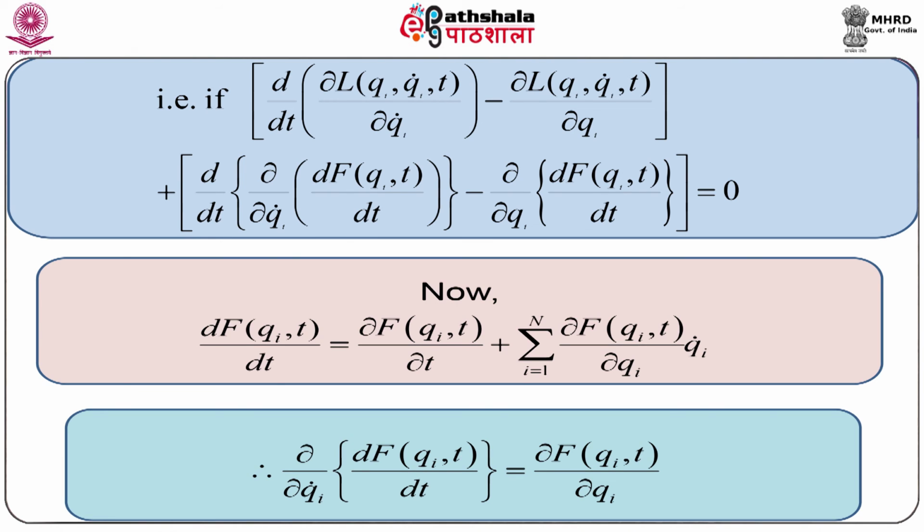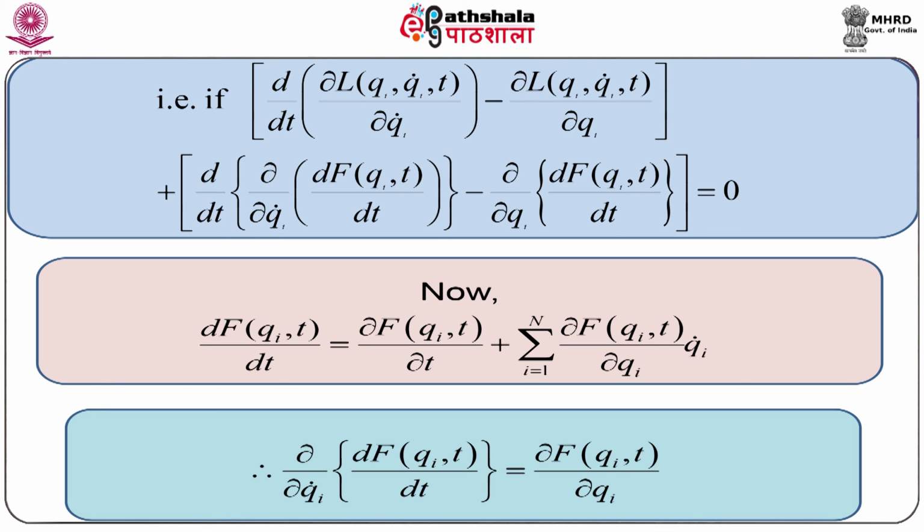Here we have just substituted the expression for L dash, that is L dash equal to L plus dF/dt, and get this equation. The previous equation can be arranged in this way. If this holds, then we can say that L dash satisfies Lagrange's equations of motion.